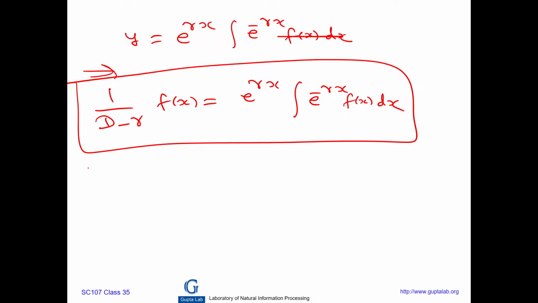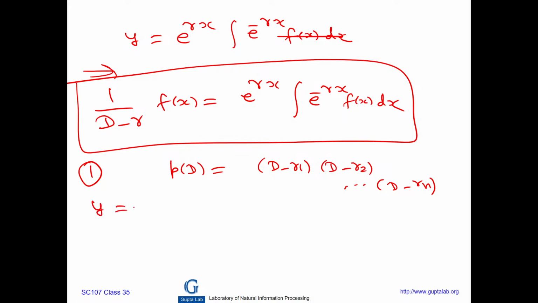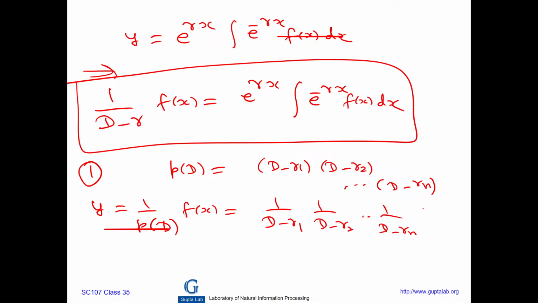Now, first method. Suppose P of d operator, we can factor it as d minus r1 into d minus r2 and so on, d minus rn. In that case, basically y will be 1 over P of d times f of x, which is 1 over d minus r1, 1 over d minus r2 and so on, 1 over d minus rn of f of x.